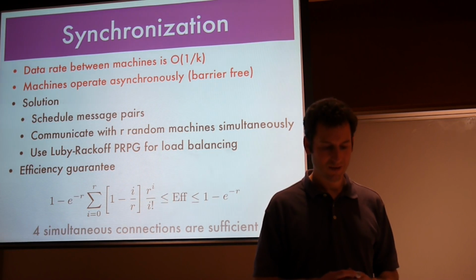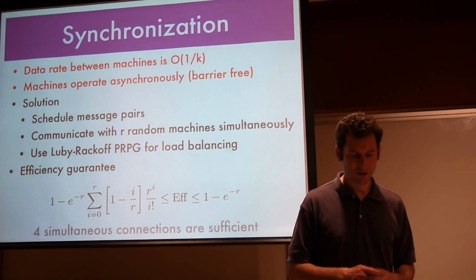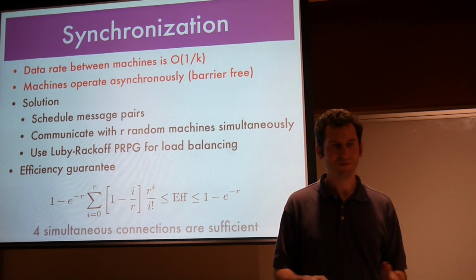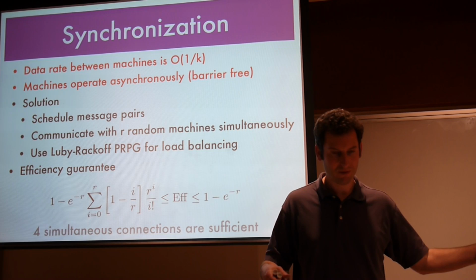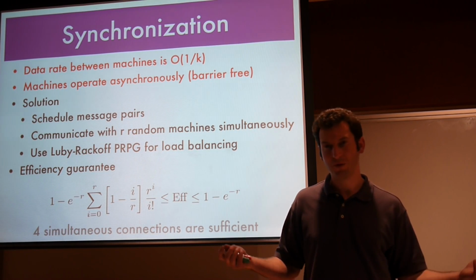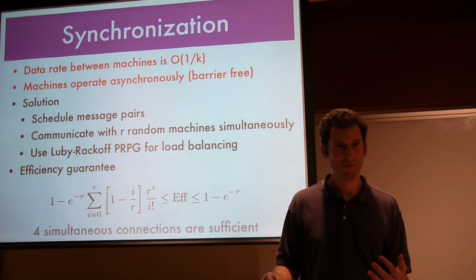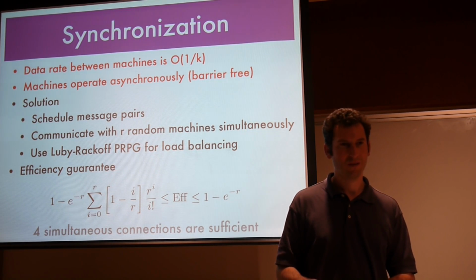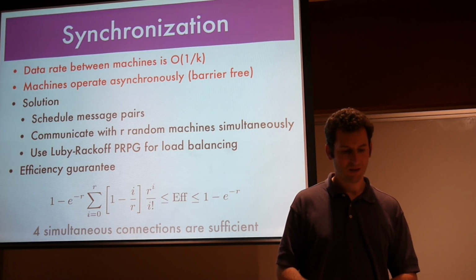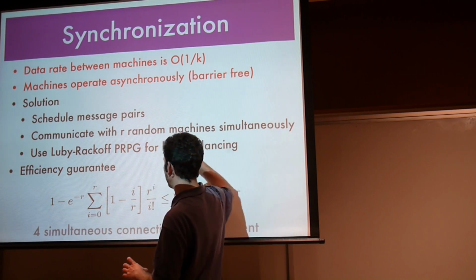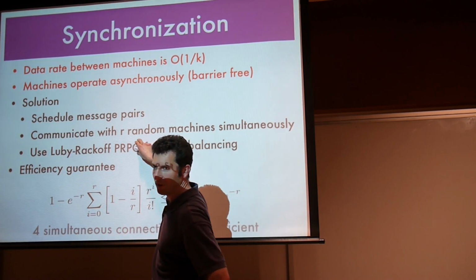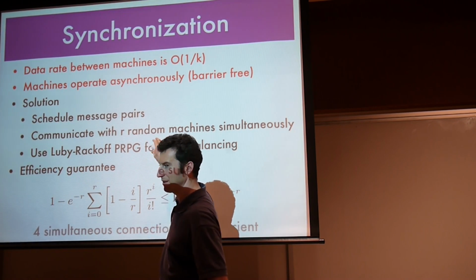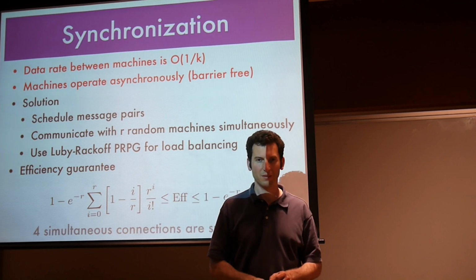So the bottom line is that through that I actually get a very efficient communications graph by picking 4 or 5 random connections at a time, and whenever I'm done with one machine I pick another random machine. Now this is very complicated wording for saying I pick a random permutation, and what it really does is it uses cryptography.